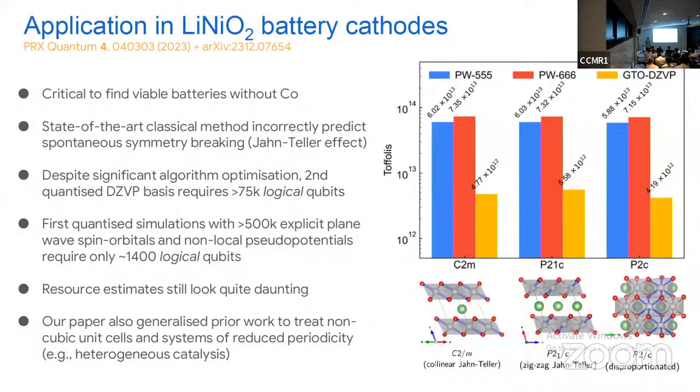So the idea is that if you can simulate batteries, you can design them for, say, batteries without a cobalt, and the classical simulation of these things tends to be quite challenging and give some incorrect predictions. So in these cases, our Toffoli counts for our pseudopotential approach are actually quite a lot larger than what it was for our earlier approach.